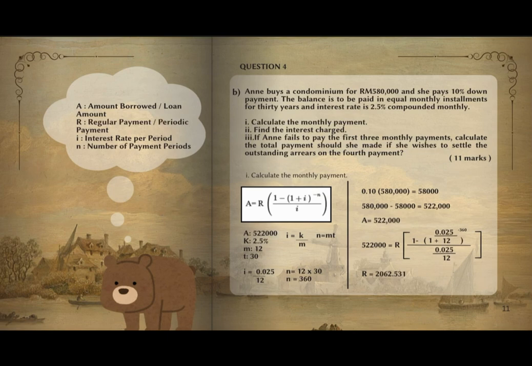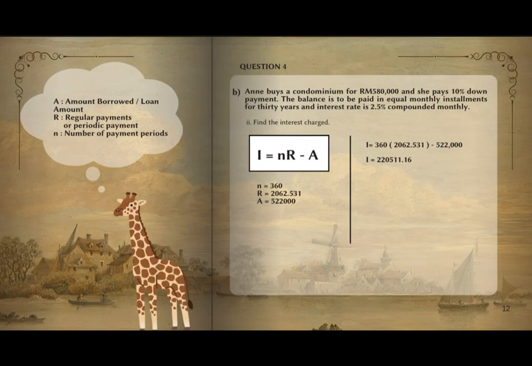After substituting into the formula, 522,000 equals R multiplied by (1 minus (1 plus 0.025 divided by 12) raised to the power of negative 360) all divided by 0.025 divided by 12. So, R is equal to 2062.531.